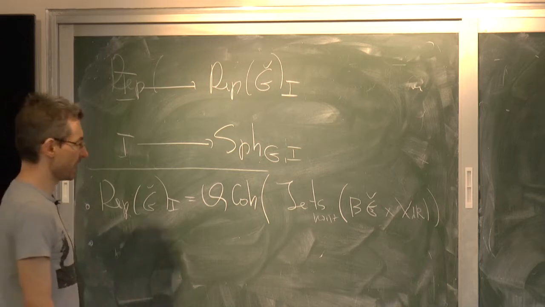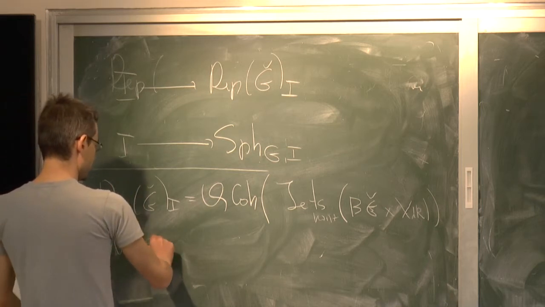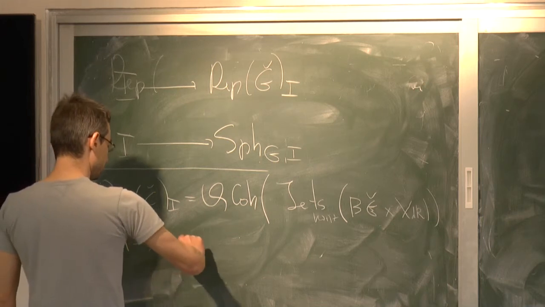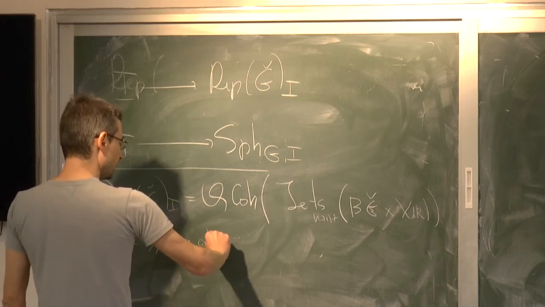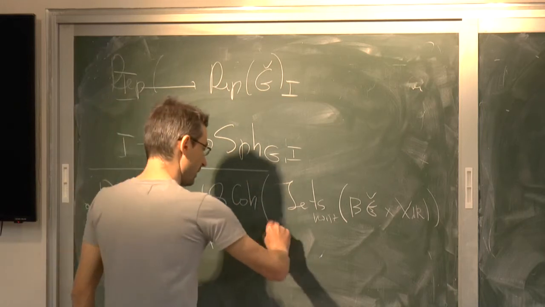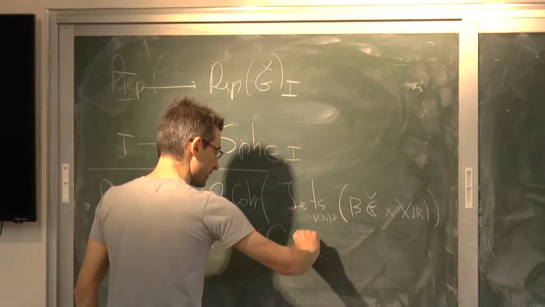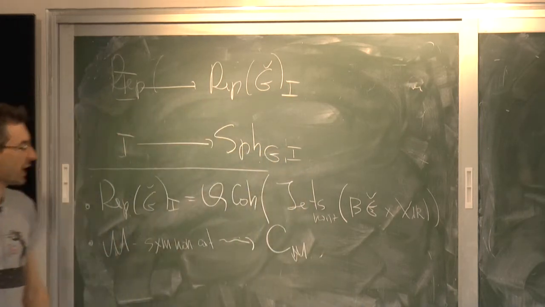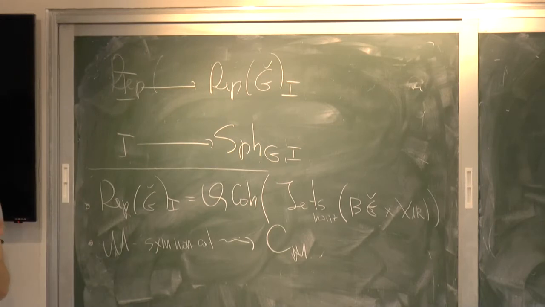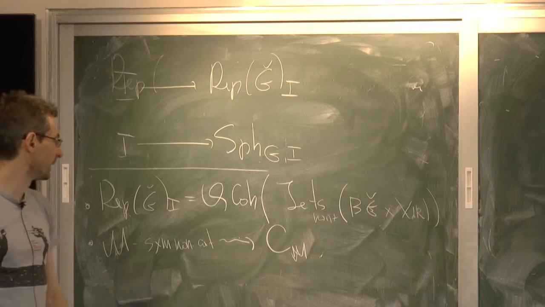Sam explained that if you have M a symmetric monoidal category, it gives rise to a factorization category, let me call it C sub M, and moreover, it's not just a factorization category, it is a symmetric monoidal factorization category. So each of your CIs has a symmetric monoidal structure, and these factorization equivalences are compatible with the symmetric monoidal structure.